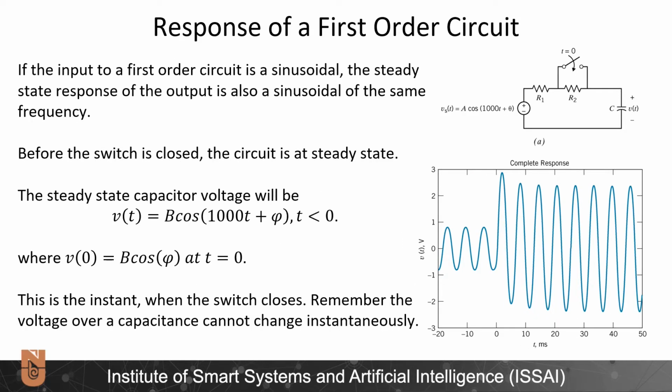If the input to a first order circuit is sinusoidal, then the steady state response of that circuit will be sinusoidal as well. This is one of the great properties of linear systems. Before the switch is closed, the system is at steady state, and the output, the voltage over the capacitor, can be expressed as Vt is equal to B times cosine 1000t plus phi for t less than or equal to 0.